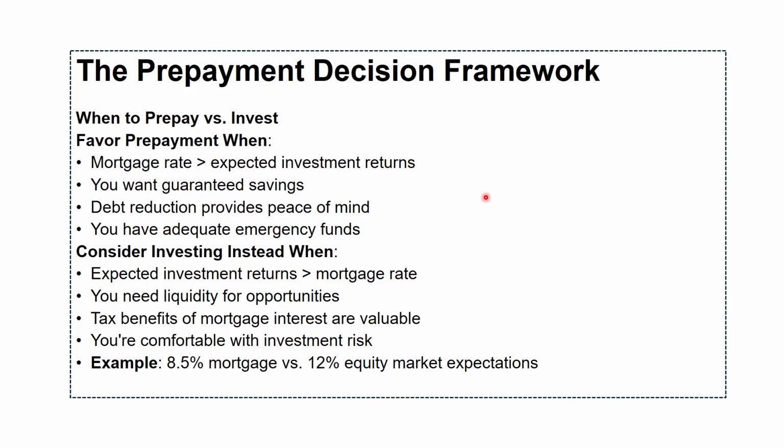Invest instead when the expected return, for example 12% in equity markets, exceeds the rate, you need liquidity for opportunities, tax benefit under Section 24B is significant, or you are comfortable with risk. So to understand, a Mumbai investor might invest in Nifty 50 at 12% rather than prepay an 8.5% loan.